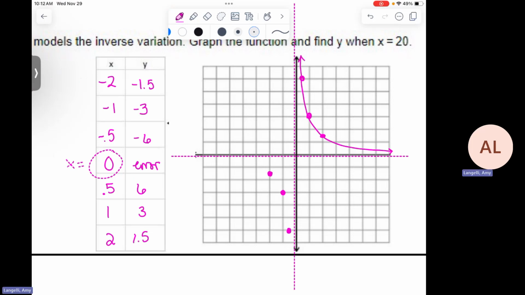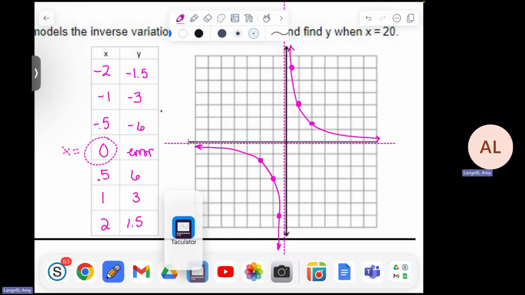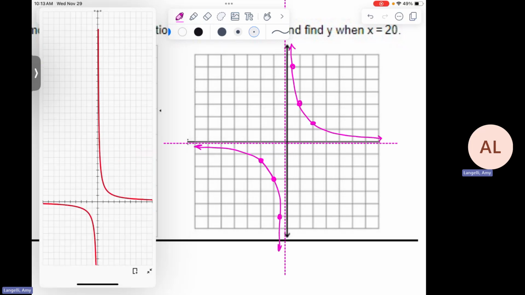I'm going to type this in the calculator just so you can make sure you know how to type it in, because the calculator will graph it. It's just a matter of typing it in properly. The equation would have been 3 divided by x. You don't even need parentheses. It's 3 divided by x. There you go. And you can see that shape taking shape.